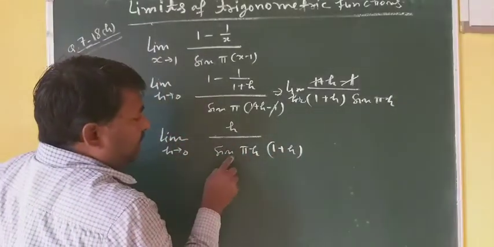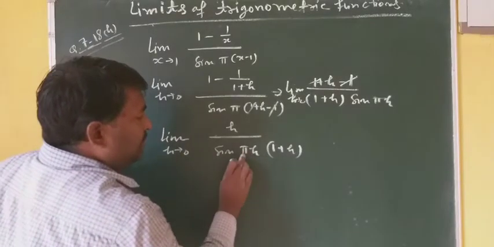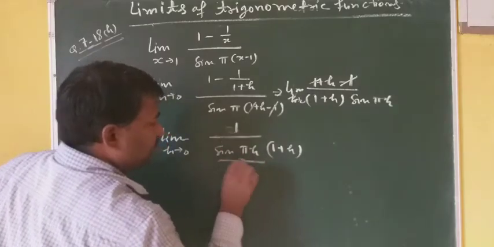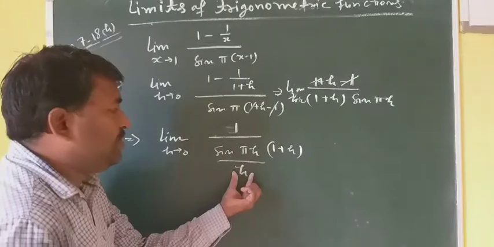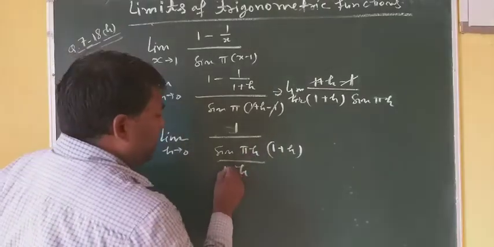So see, here sin theta is sin pi h. We can write sin theta upon theta. This h we can write like this also, upon h. But sin theta upon theta should be there. Here at the place of theta it is pi h, but here only h. So multiplying and dividing by pi.